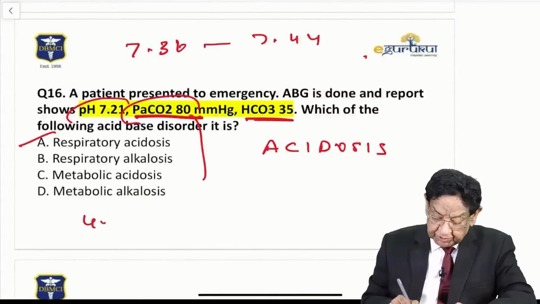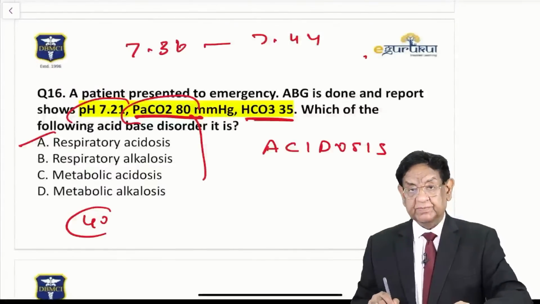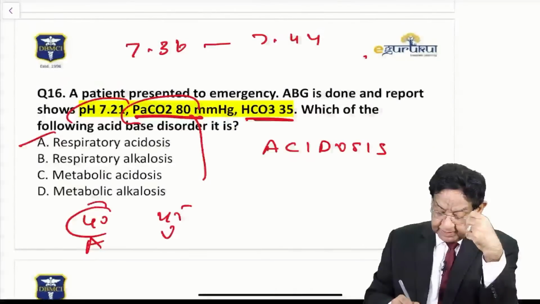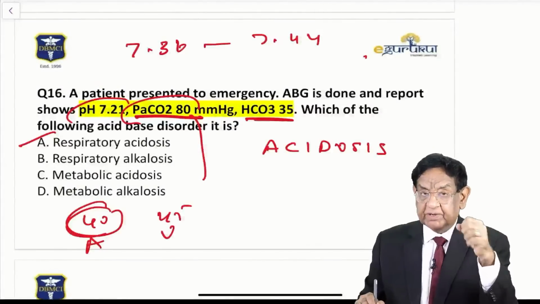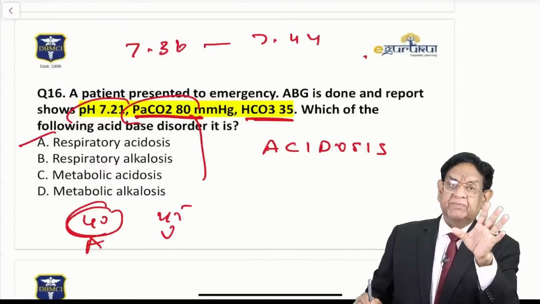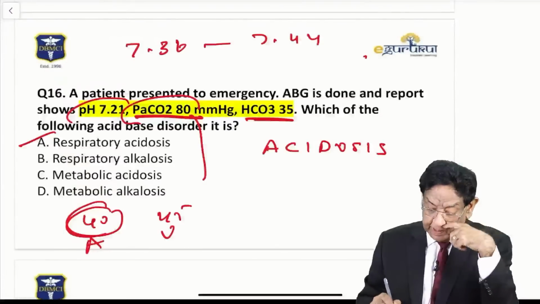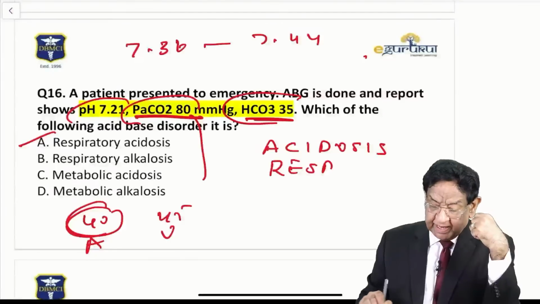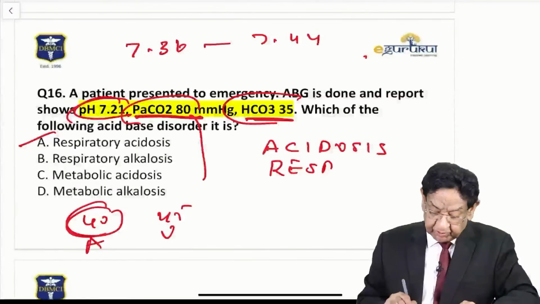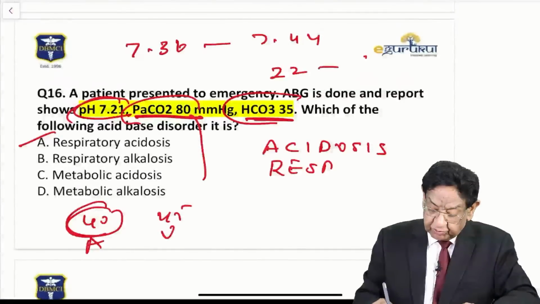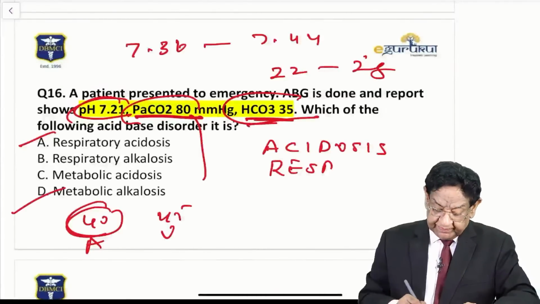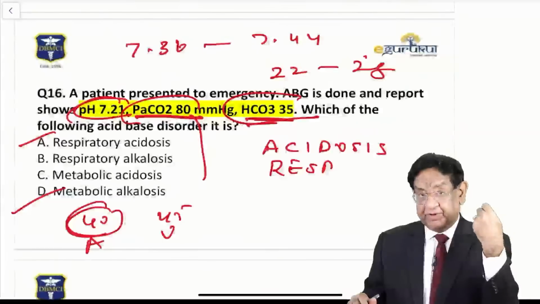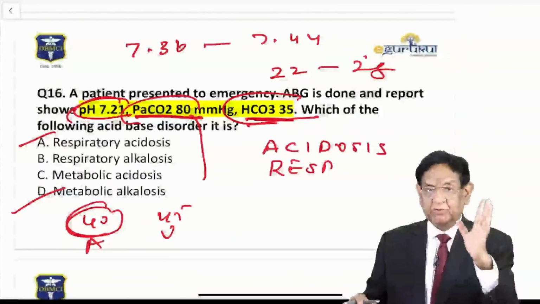Normal CO2 is 40, only 40. 40 to 45, yes, artery 40 and vein 45. But for ABG, we take arterial sample, 40 is the answer. So anything above is raised CO2 like this. So this is a case of respiratory acidosis. Why has somebody marked otherwise? He has not noticed the 7.21. Normal bicarb is 22 to 28. They saw that and they went for metabolic alkalosis. Don't commit this mistake. Read the question very carefully. Otherwise, you are bound to commit mistakes.